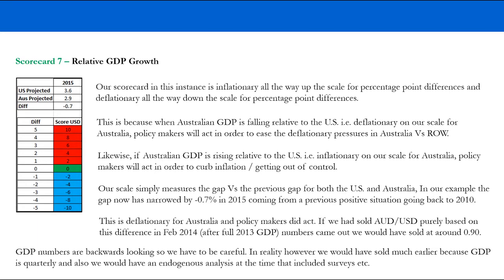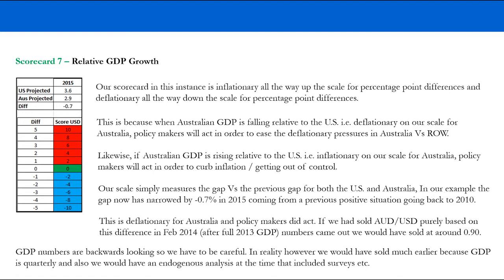And what happened? Well, policymakers did actually act. And if we had sold Aussie dollar, US dollar purely based on this difference in February 2014, after full 2013 GDP numbers, so the number was becoming less positive, we would have sold the Aussie dollar at around 0.9. Now, what's quite interesting is that when we're looking at GDP numbers, we know by now that they're lagging.